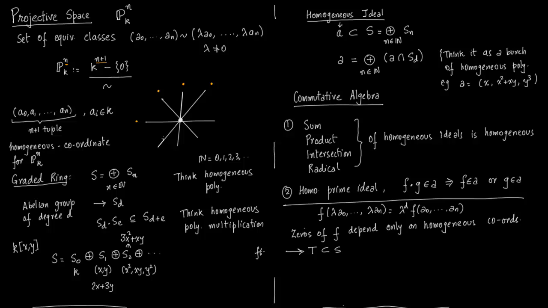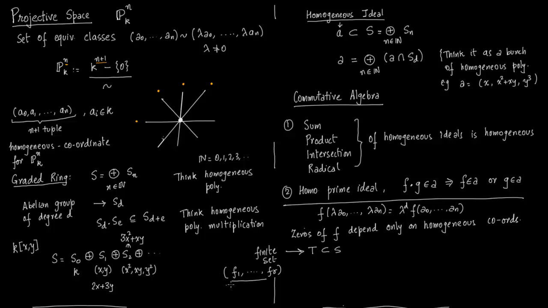Now fix T, a finite subset of this graded ring S. Suppose T is just a bunch of polynomials f1 to fr. Each fi is a homogeneous element.